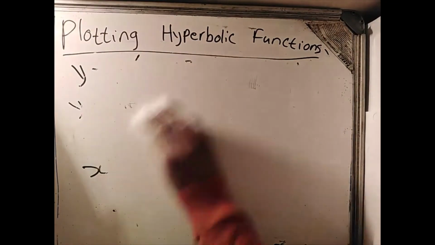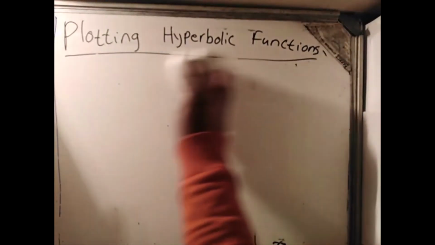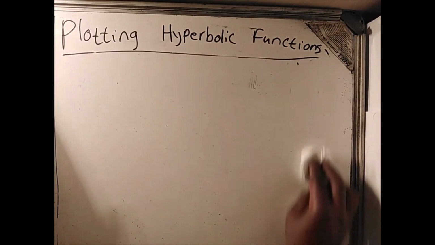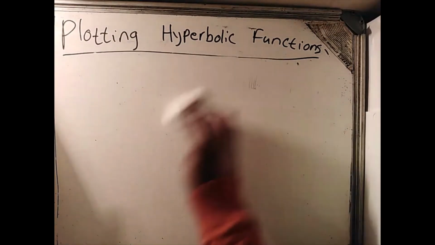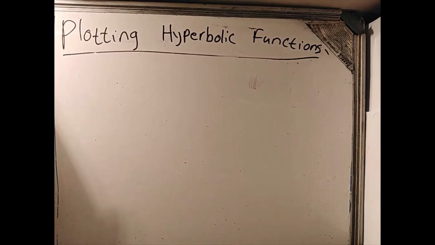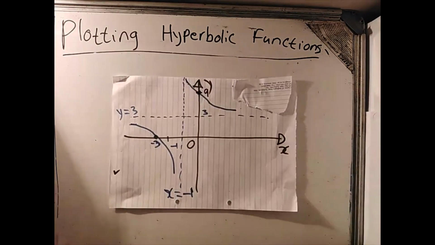Guys, let's say we're not given the formula of a graph, but we were given a graph like this. Let's just do what we are famous for. We're given a graph, and we're not given a formula, and we're supposed to find the formula.